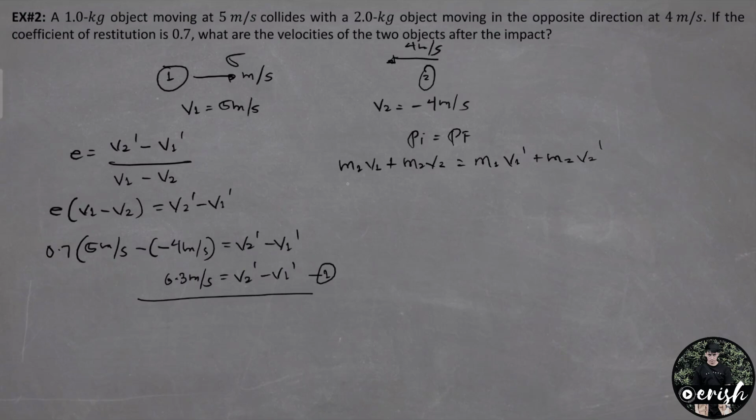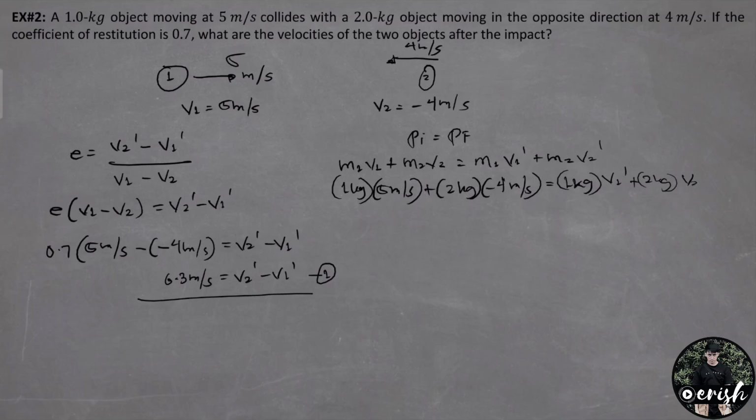Substituting the values, we have 1 kilogram here times V1 na 5 meters per second plus 2 kilograms times negative 4 meters per second equals mass 1 na 1 kilogram times V1 prime plus 2 kilograms for mass 2 V2 prime. So let's simplify the equation.